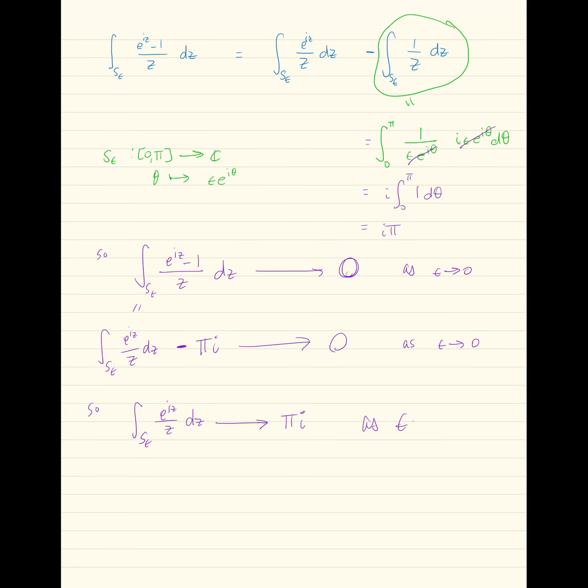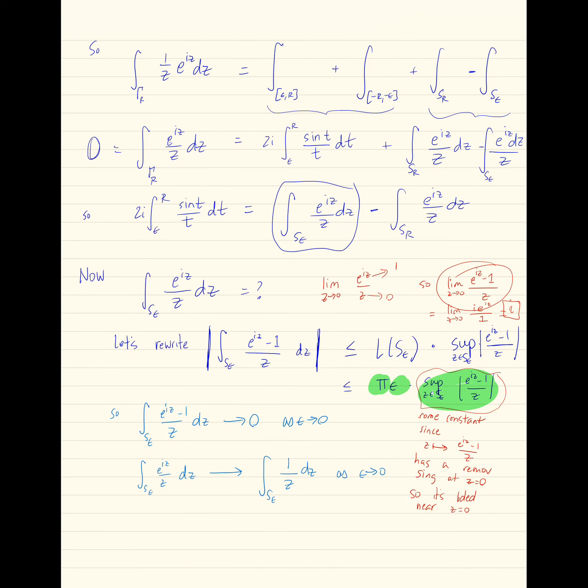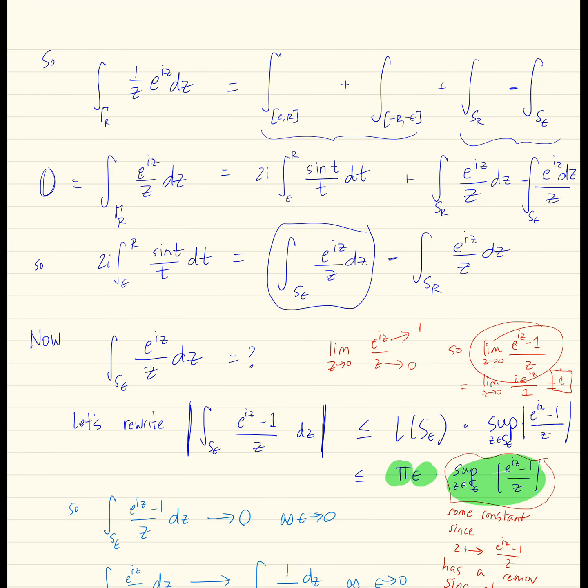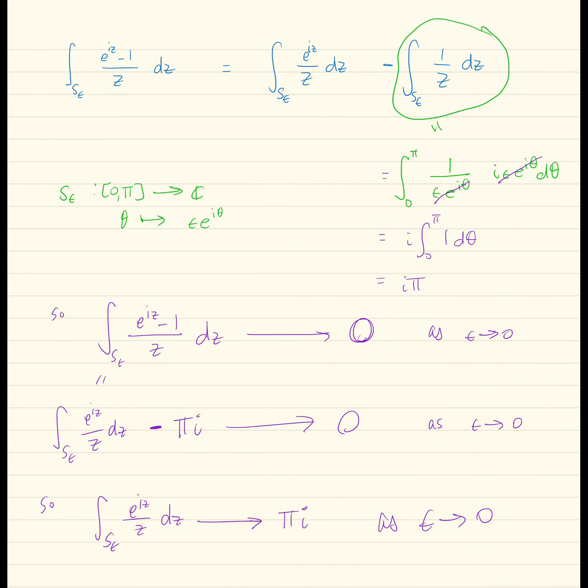And this is as epsilon goes to 0. Okay, so we know that our S epsilon integral, this right here, is going to pi i. So now we need to figure out what's going on with the S_R, the integral over S_R.